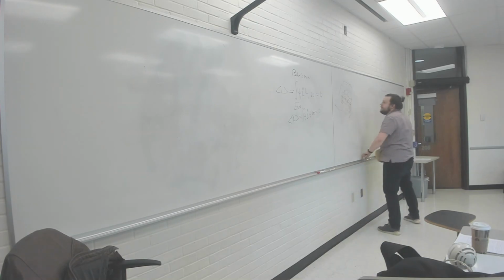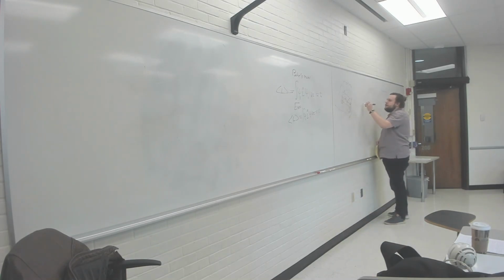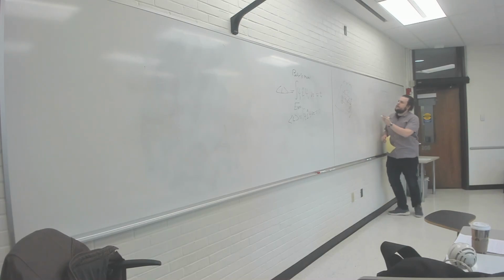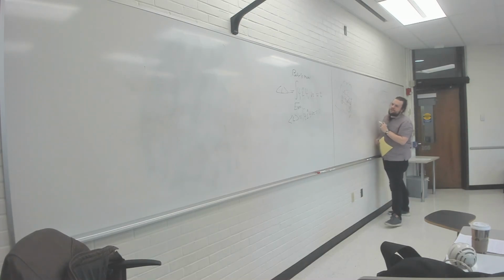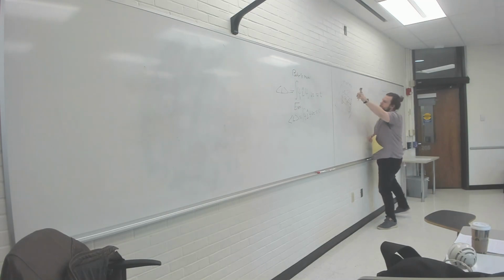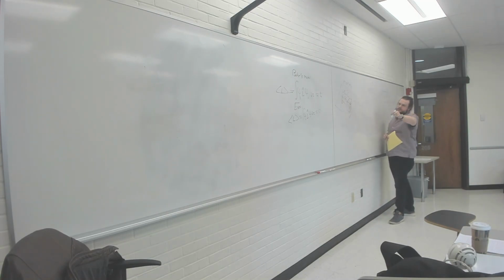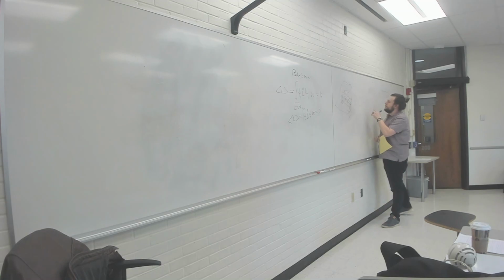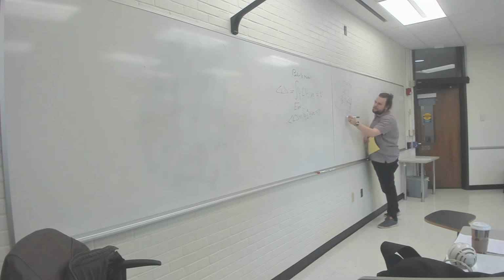Okay, remember that the angular momentum is equal to R cross P, where P is the momentum and R is the distance. So the angular momentum of the system is this R here crossed with the momentum of the system.